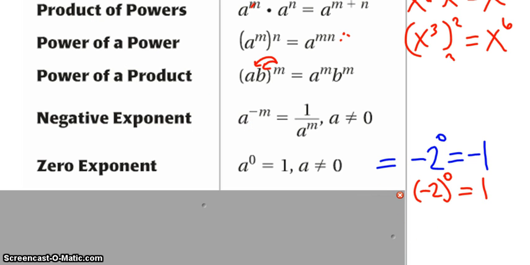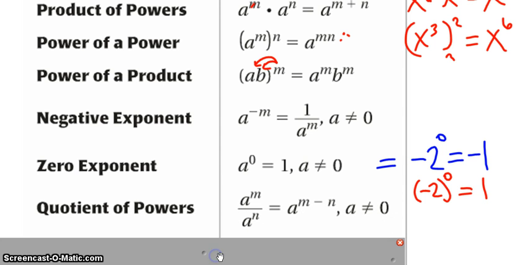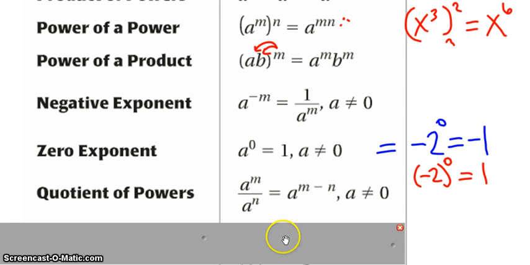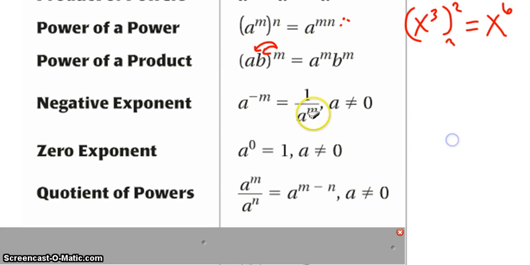Okay? All right, then you have quotient properties. This one says when you divide the same base, then we're going to subtract the exponents. So again, when you have the same base, we subtract the exponents.